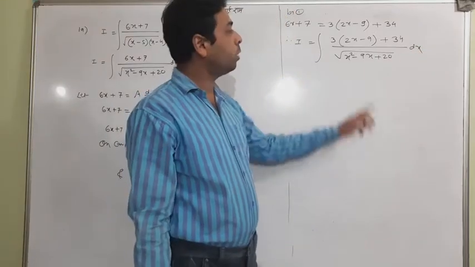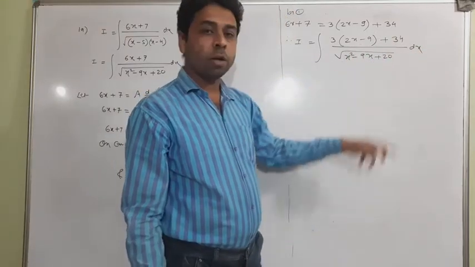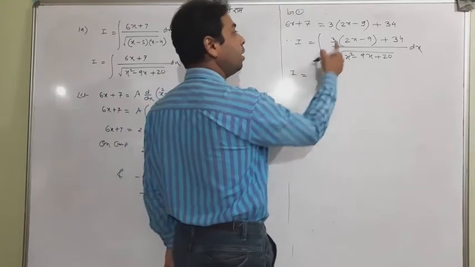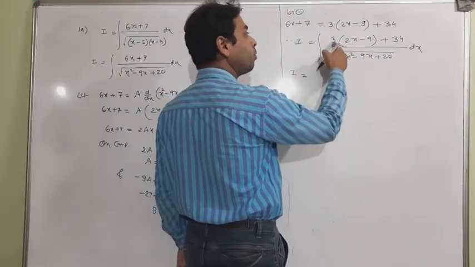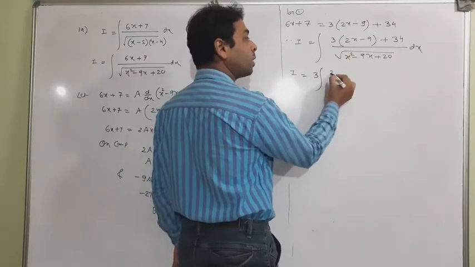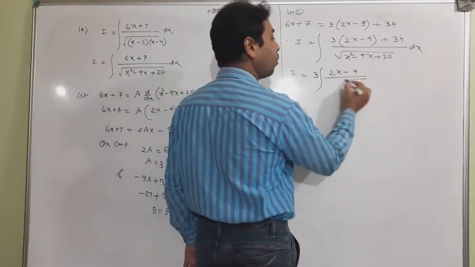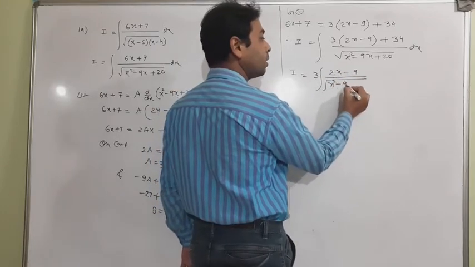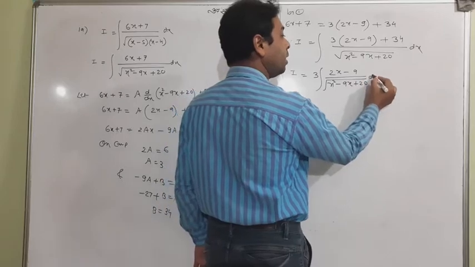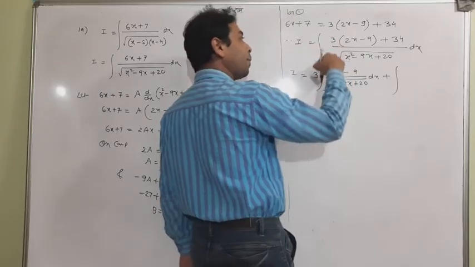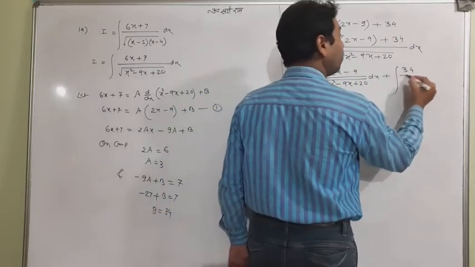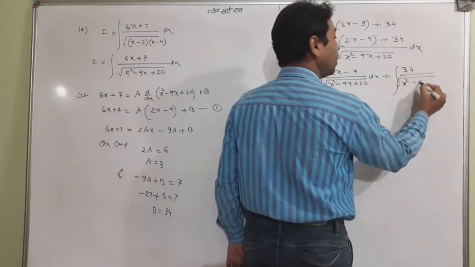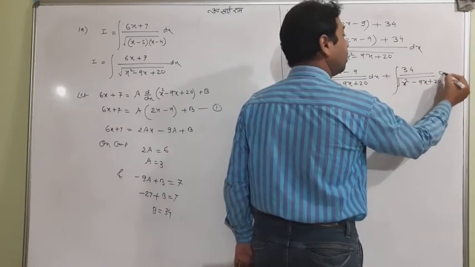And what is the next duty? Only to separate the terms. 3 is a constant value, so it can be written outside: 3 times the integral of (2x − 9) upon root of (x² − 9x + 20) dx, plus, separating the integration, 34 times the integral of 1 upon root of (x² − 9x + 20) dx.